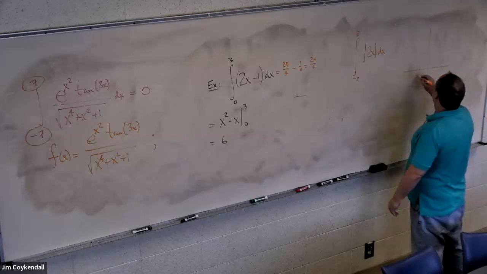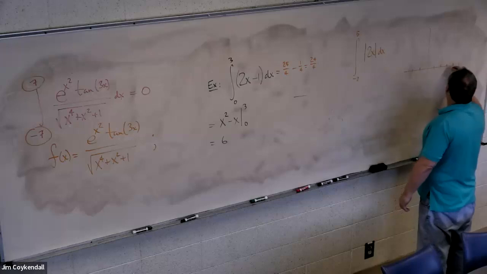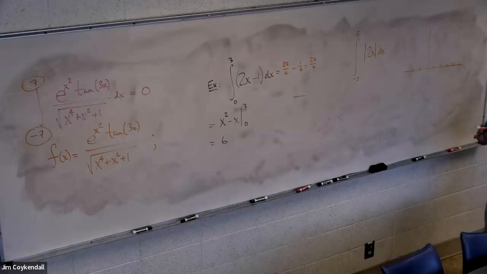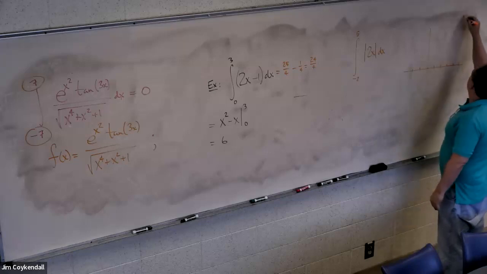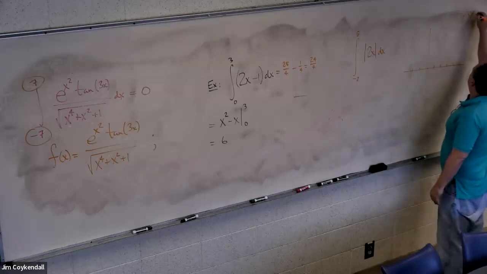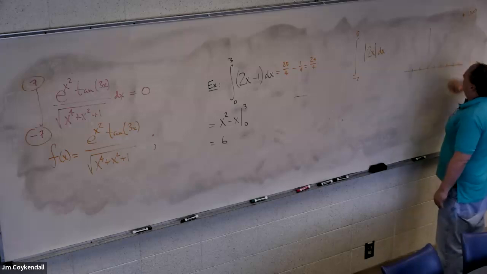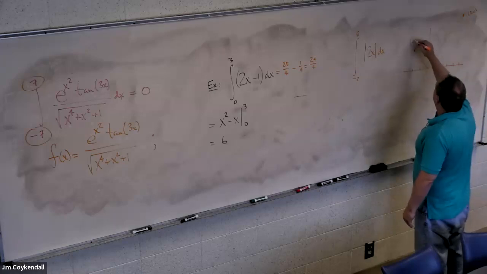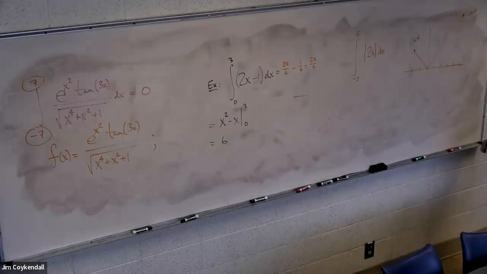Negative 1, negative 2, and 5. So this looks like a V, and it's a little bit steeper than a standard V. So this is negative 2. Let's see what we got.